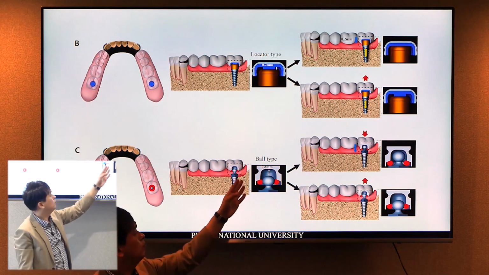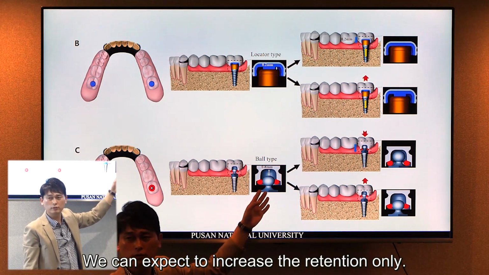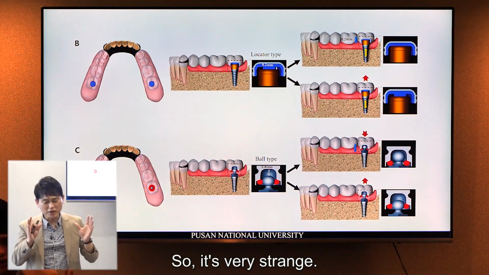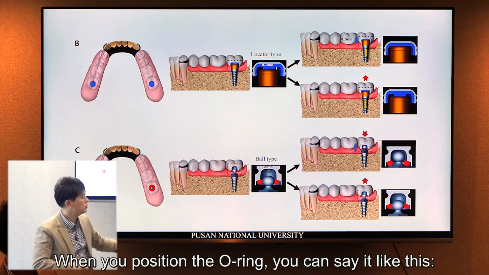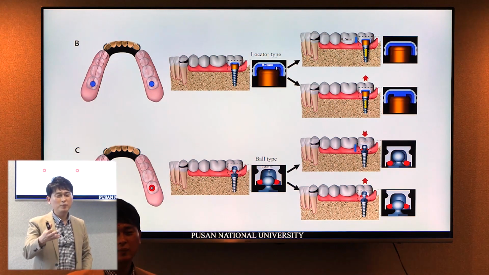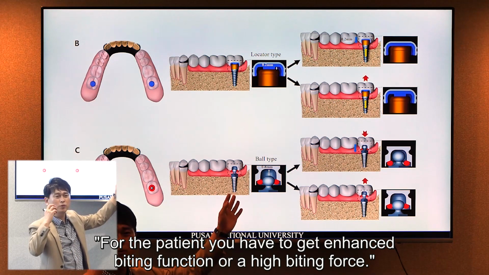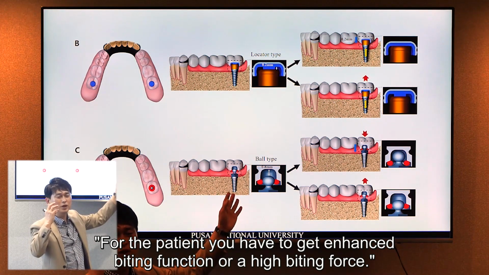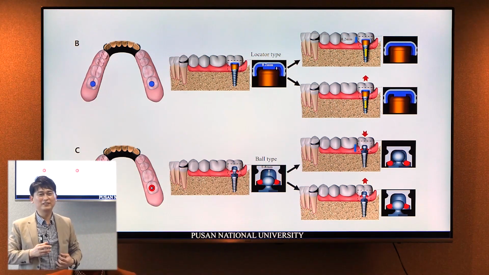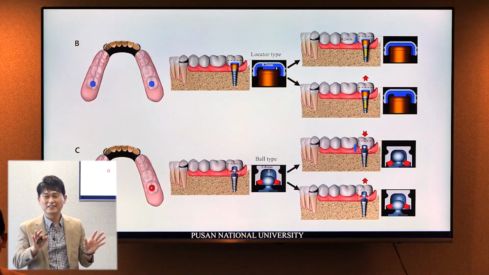We can expect only an increase of retention. So it's very strange if you say that with an O-ring the patient gets enhanced biting function or high biting force. It's not true, right? Understand?